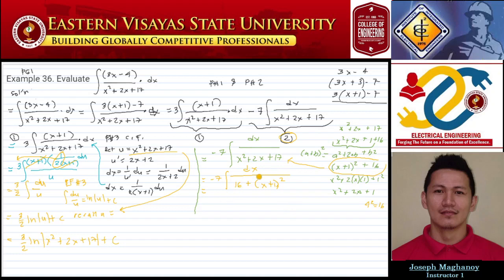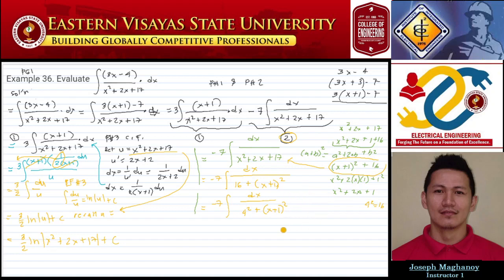So we replace our 16 with 4 squared. So our function is aligned with our ITF formula. Okay, so negative 7 integral of dx, 4 squared plus quantity x plus 1 squared.